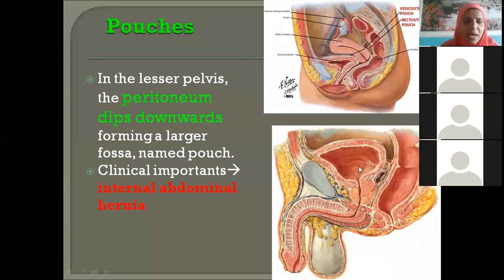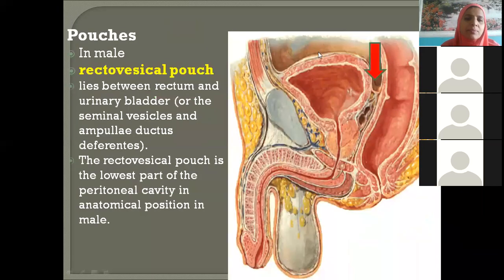So these are large foci. They are clinically important because internal abdominal hernias also can take place here. That means abdominal visceral organs can herniate into these free spaces. Whatever I told you is written here. Rectovesical pouch: these are all 3 marks questions.